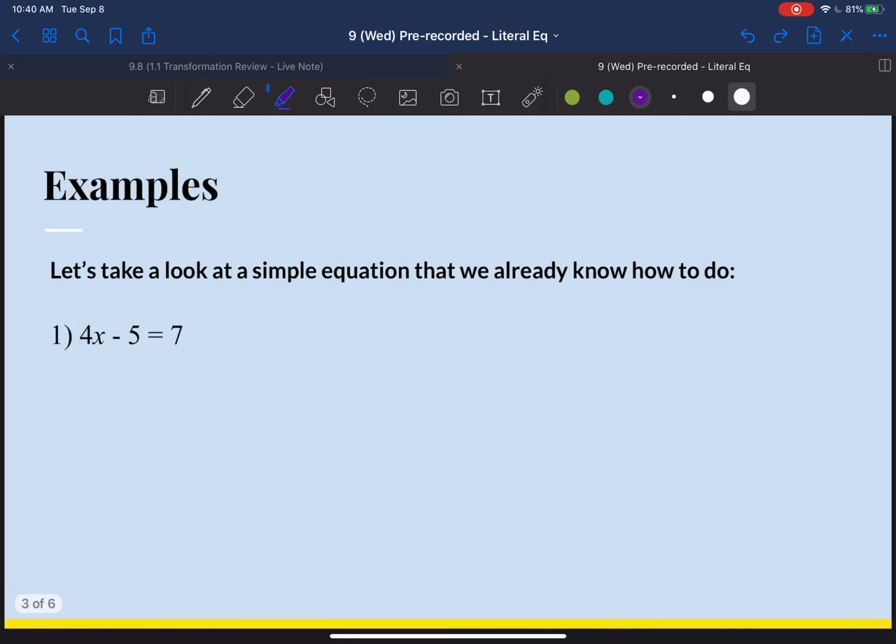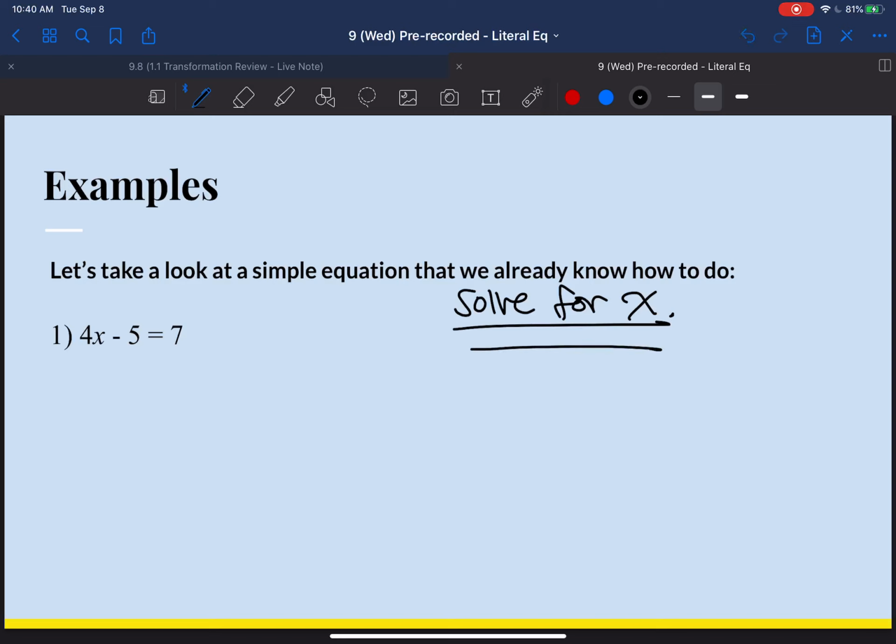So let's go over an example that we already know what to do. This is very simple. I want you to solve for x. Whenever we are solving for a variable, we are basically isolating the variable. For example, in number 1, I have 4x minus 5 equals 7.